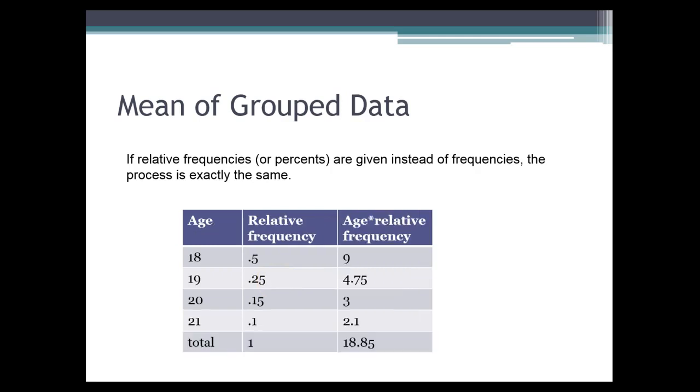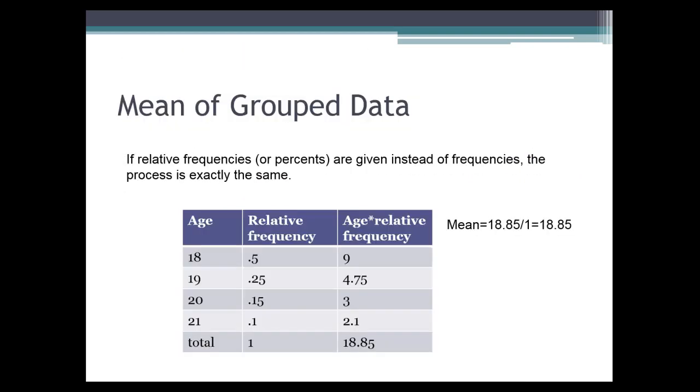Well, you do exactly the same thing. So you'd say every x times f, so we'd get here 18 times 0.5 is 9, 19 times 0.25 is 4.75. If we take the sum of this column, we get 18.85, and then divide by the sum of these relative frequencies.